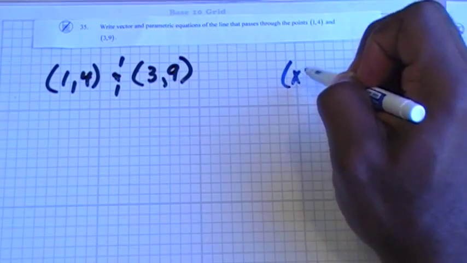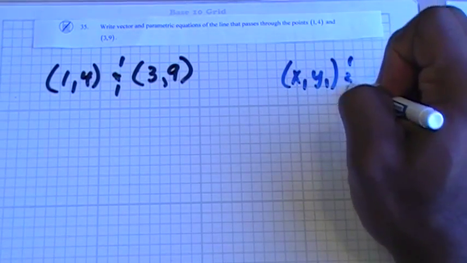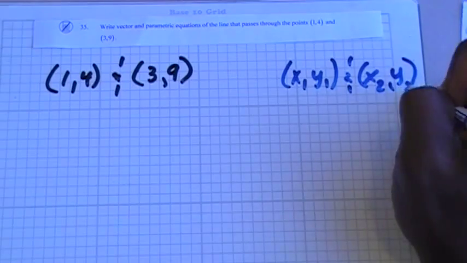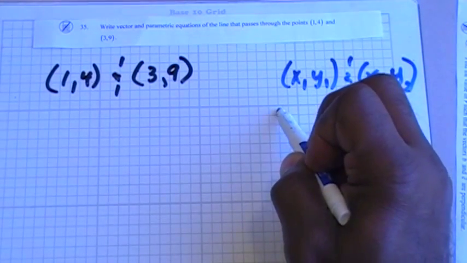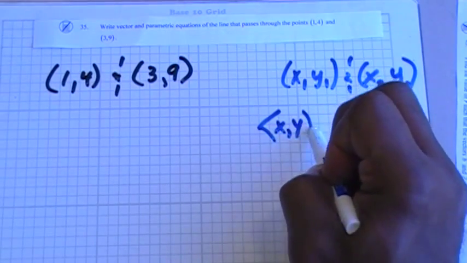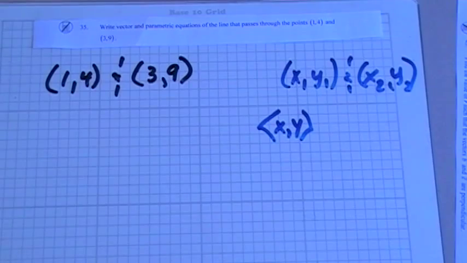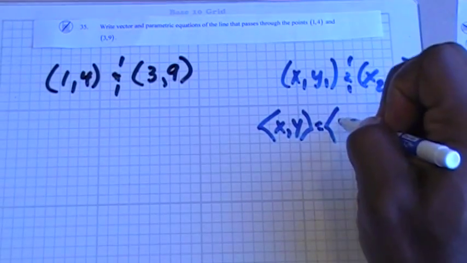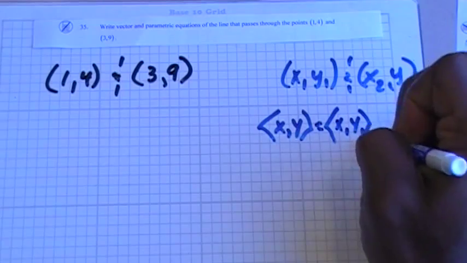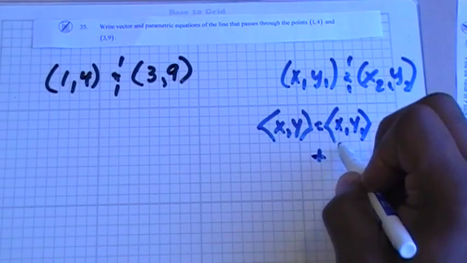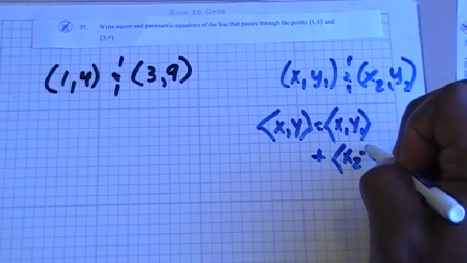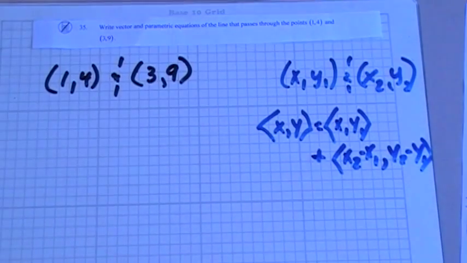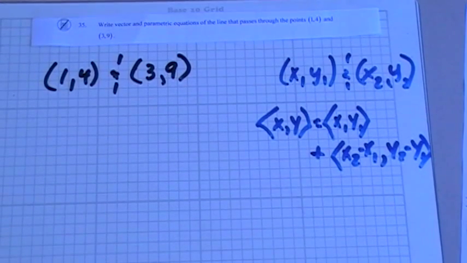For all these situations, if we have (x1, y1) and (x2, y2), writing it in vector form, we say vector (x, y) in this case is going to be (x1, y1) plus t times (x2 minus x1, y2 minus y1). All right, so let's go ahead and do that. Takes a second to do.